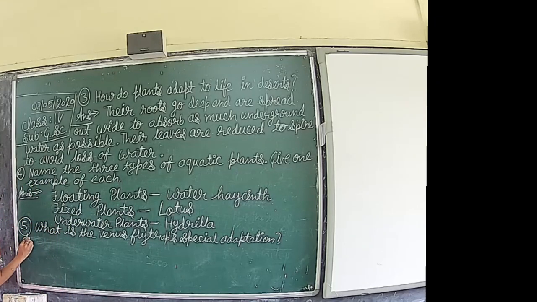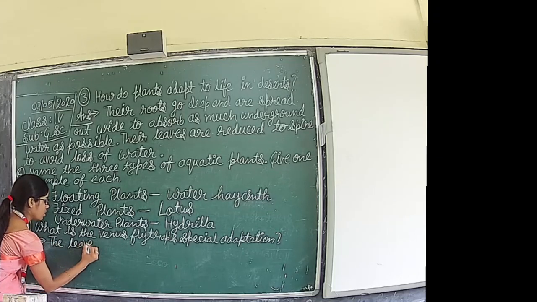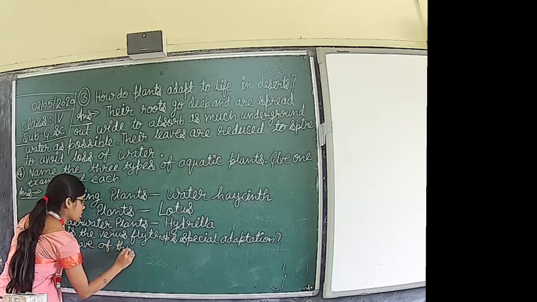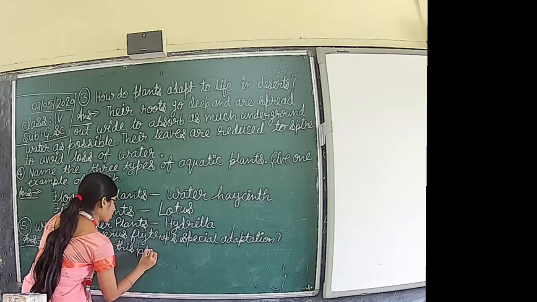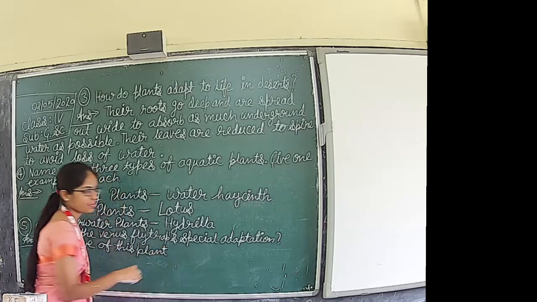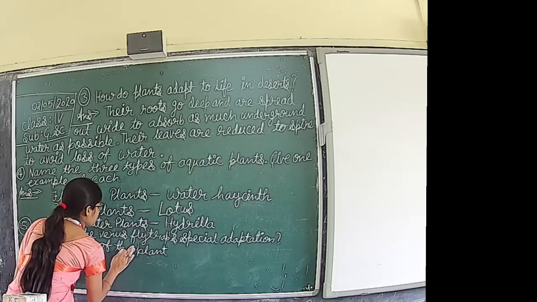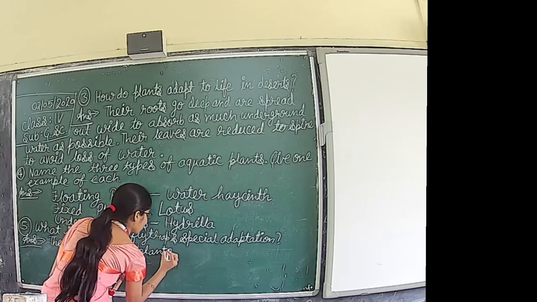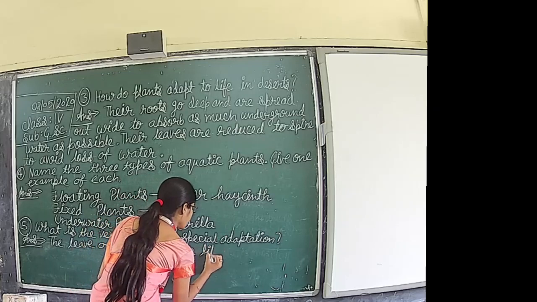The leaves of this plant, which plant? This plant means Venus flytrap. The leaves of this plant are like a trap.